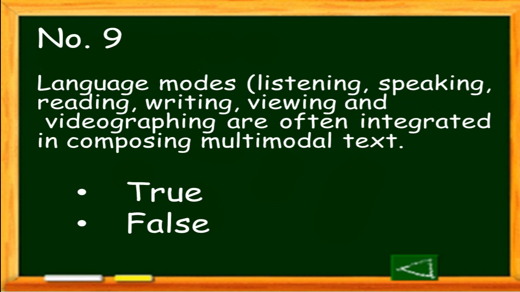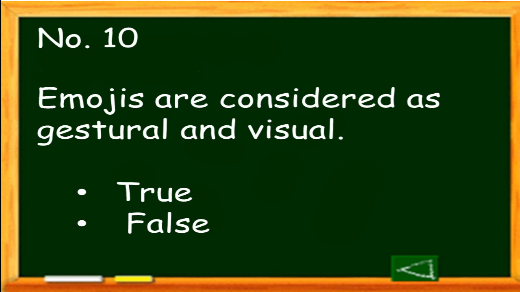Number 9. Language modes: listening, speaking, reading, writing, viewing, and videographing are often integrated in composing multimodal text. Is it true or false? Number 10. Emojis are considered as gestural and visual. Is it true or false?